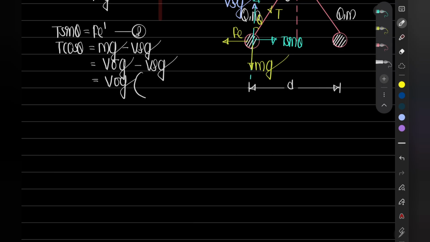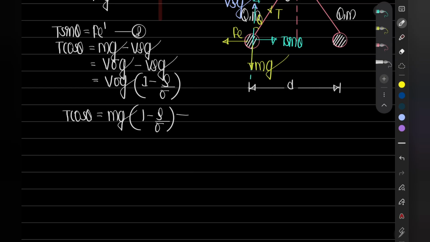After taking V sigma g common, I will have 1 minus rho by sigma, and this V sigma g is nothing but the mg. So mg into 1 minus rho by sigma. This is the value of T cos theta. Equation number 4 I am naming it.